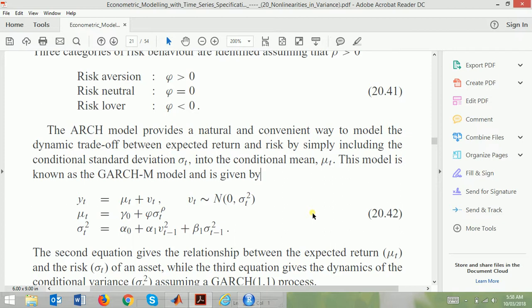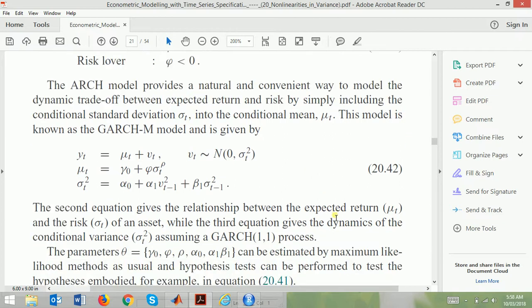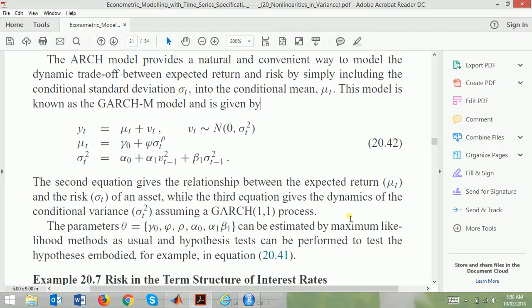We have always been talking about variances as our variable, but now we add the variance to the mean, which is our return, because the return depends on risk. We know sigma square is the GARCH model. The second equation gives the relationship between return and risk, and the third equation gives the dynamics of the conditional variance, assuming a GARCH(1,1) process.